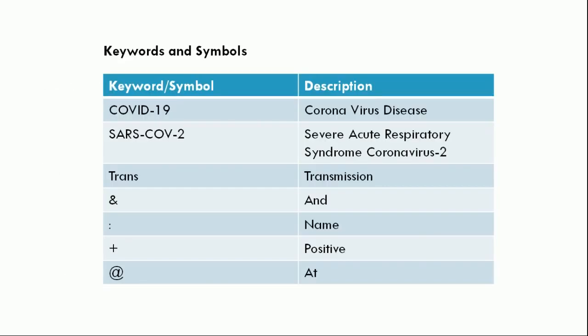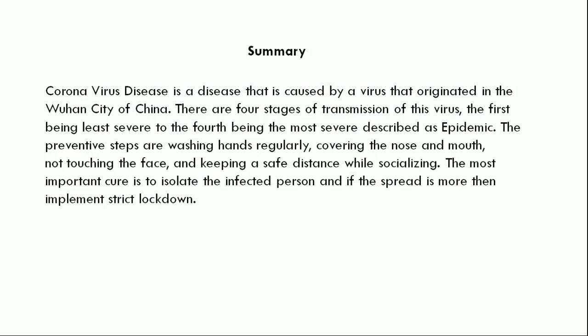Next comes the list of the abbreviations and symbols that I have added in the notes. And finally comes the summary of the article. Please don't forget to add the heading summary, as it is important to write it. This summary can easily be created from the notes that we created in our first step. Do keep in mind the word counts while writing the summary.